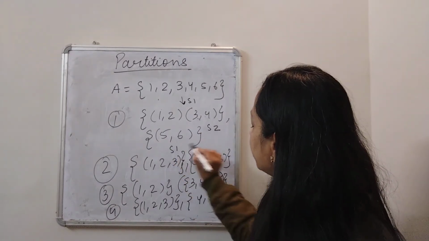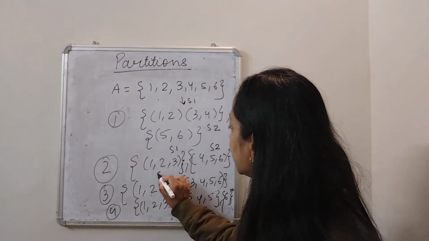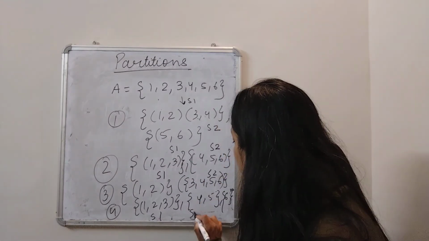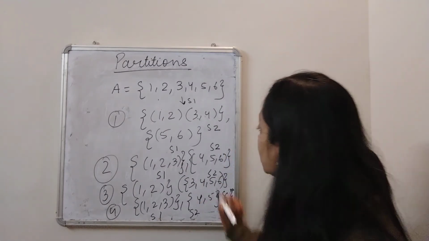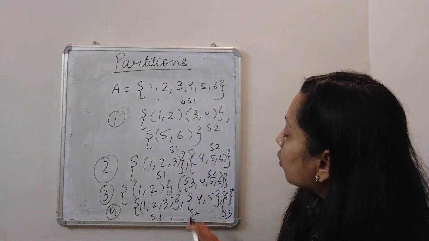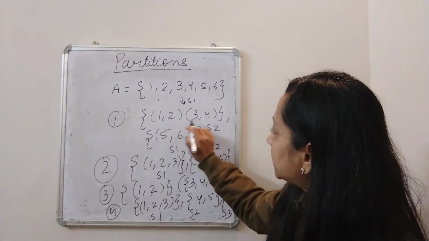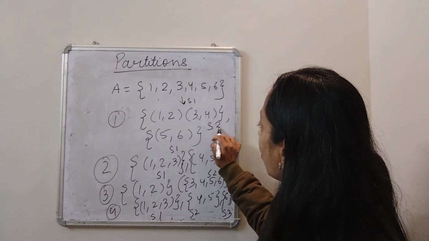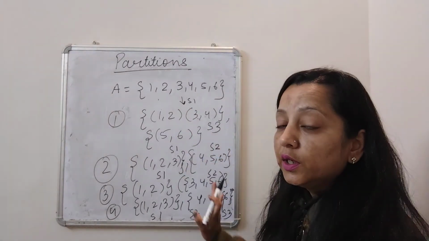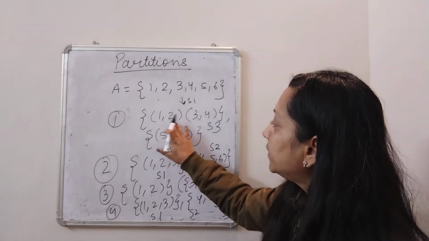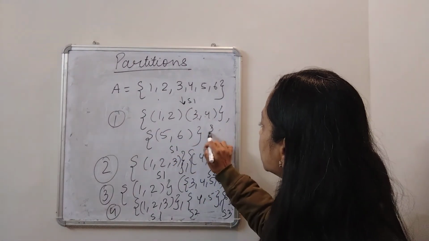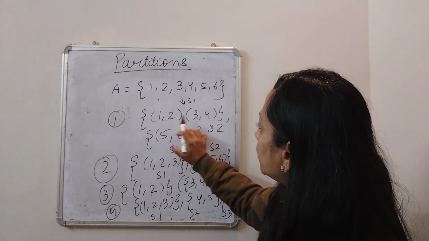Here, this is the first subset, this is the second subset. Then subset 1, subset 2, then subset 1, subset 2, subset 3. So you can clearly see that in all the partitions, all the elements of this set are included, plus none of the elements is repeated in any of the subsets. In subset 1, you have 1, 2, 3, 4.